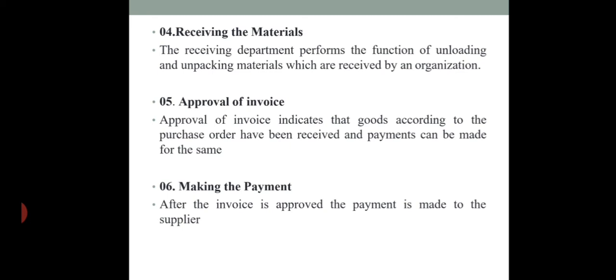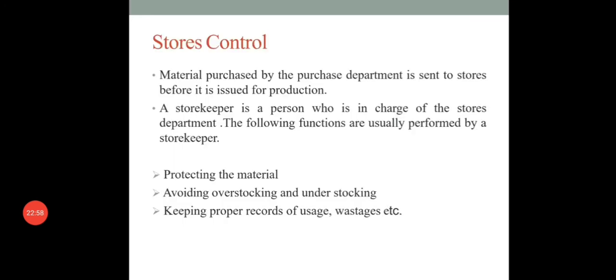The accounts officer verifies all the bills and invoices and checks the approving officer's initials and everything. Then the accounts officer makes the payment on the invoices. So these are some of the procedures for purchasing the material.